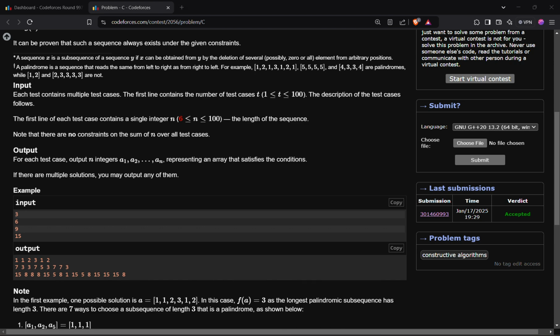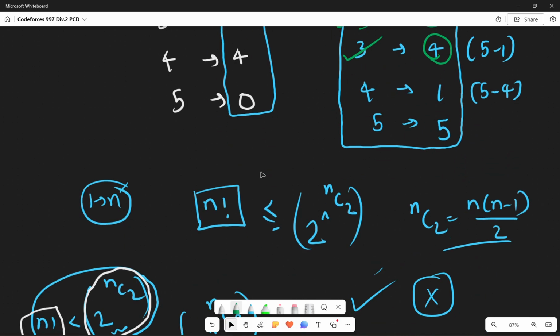So I would just tell you the construction, how it works. So basically what you will do here is that at first position you'll take one, at the last position you'll take one. Okay, sorry, the second position you'll take one, and also at the last position you'll take one, and all the other positions in the array you'll fill with 2, 3, 4, and so on up to whatever it is.